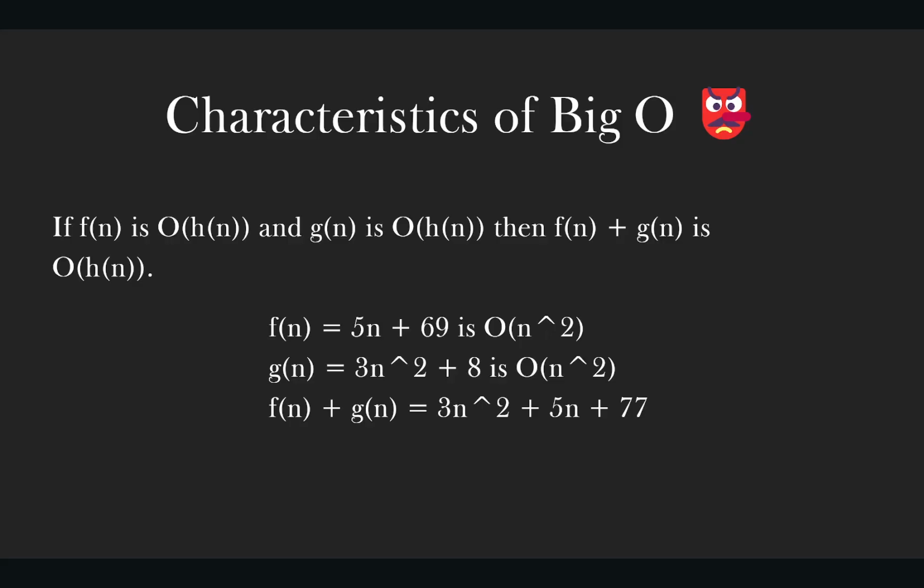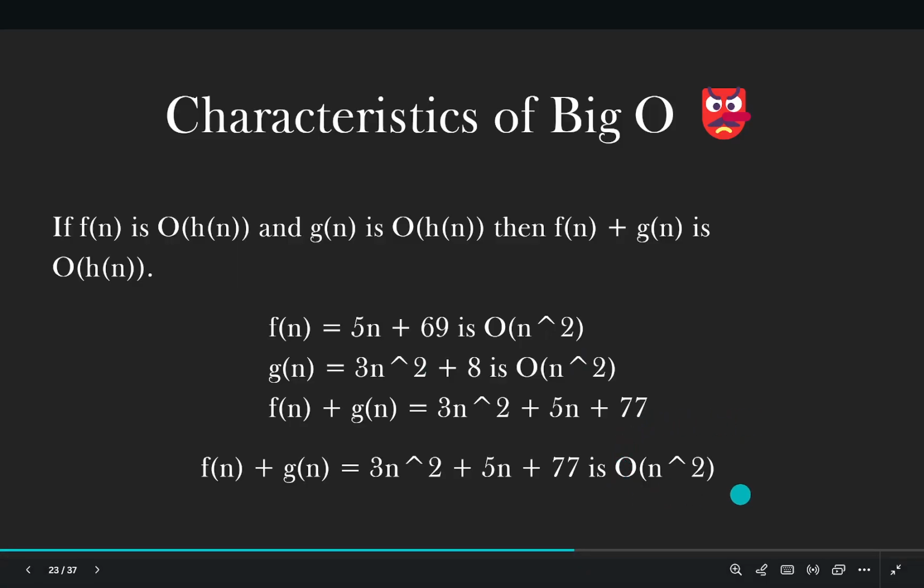Right now, we are just applying these two functions. So we have g(n). g(n) is 3n squared plus 8n, which also belongs to the class n squared. If you add those two functions, you get 3n squared plus 5n plus 77. And that also belongs to the same class, n squared.